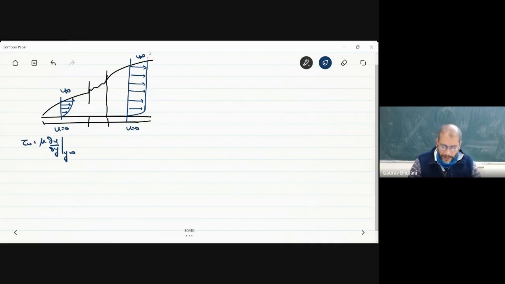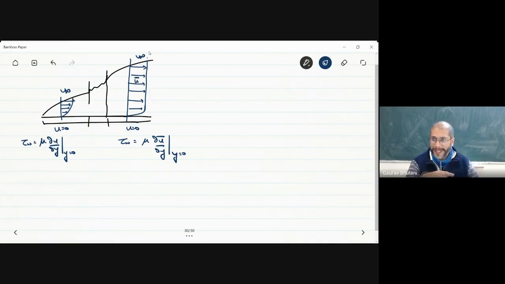In the turbulent region, when we used to write the wall shear stress, if you remember, we used to write del u bar by del y at y equal to 0, because the flow is not steady in the turbulent region. You take different snapshots, you'll see the velocities at different points in different directions. So the profile that I've drawn here is not for u, it is for u bar.